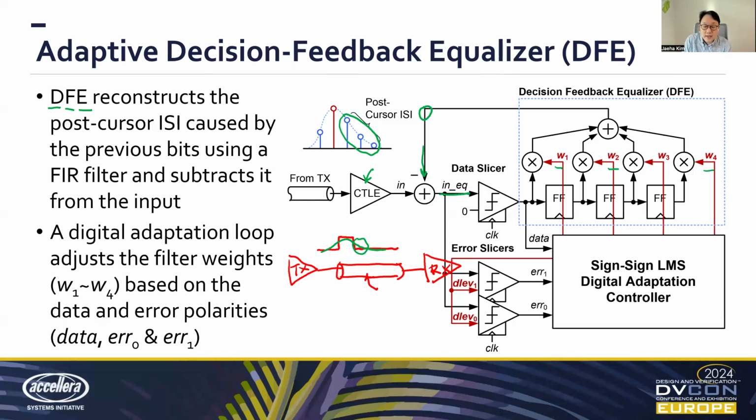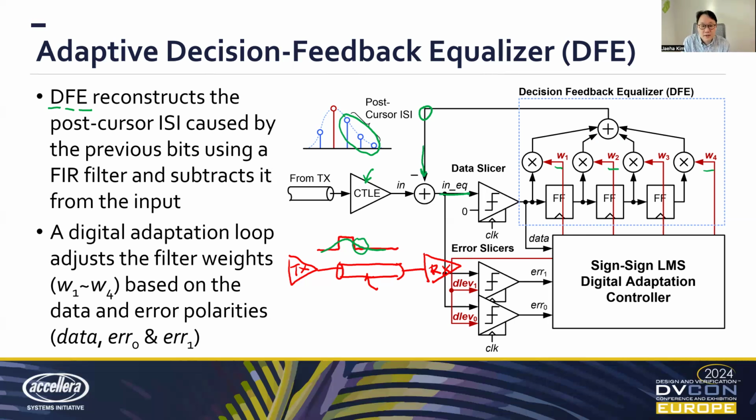Of course, when you use these wireline communication circuits in the field, there's no way you can predict the channel characteristics because people can connect using different channels that you don't know in advance.